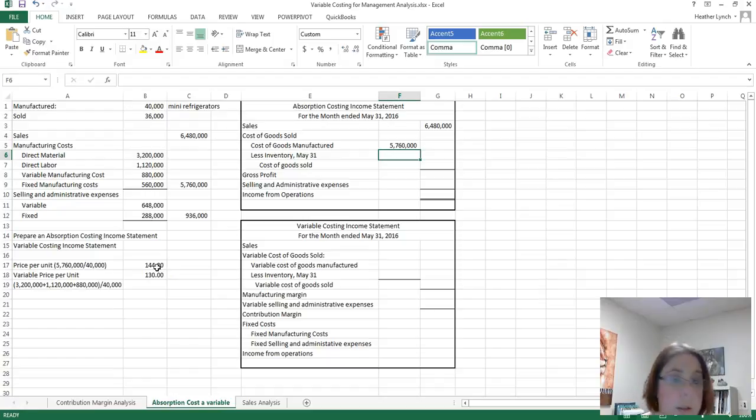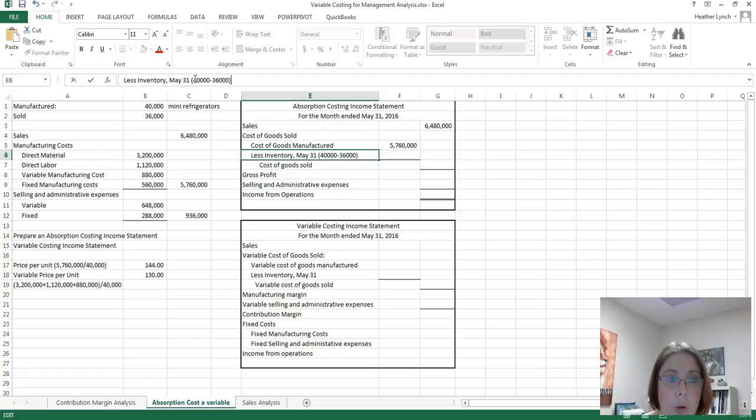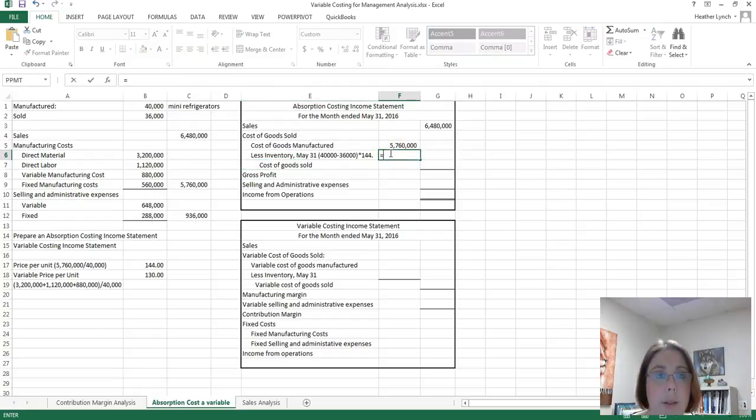Because what we're going to do here, and let me go ahead and put it in here, we're going to take that 40,000 that we manufactured minus how many we sold times the $144. Okay, so let's go ahead and do that.